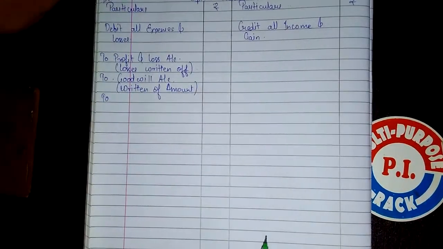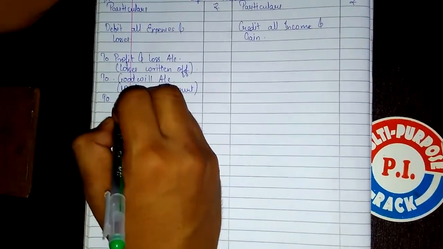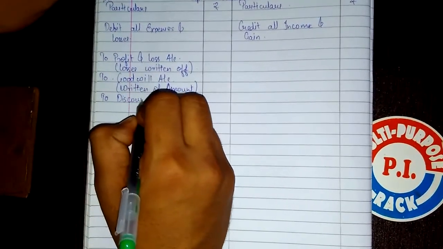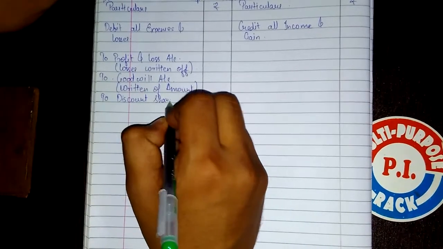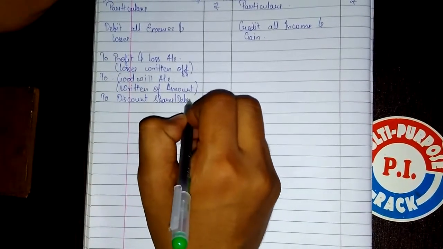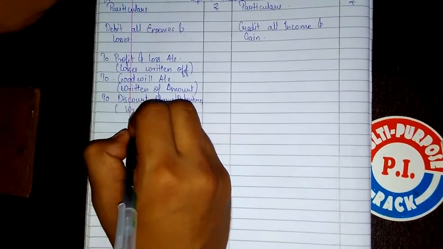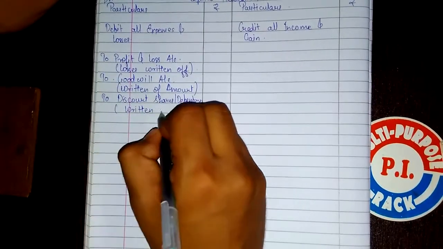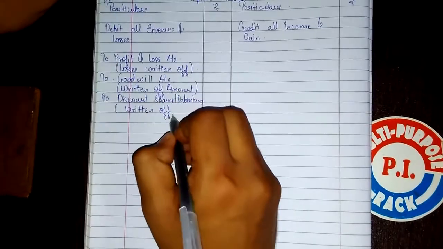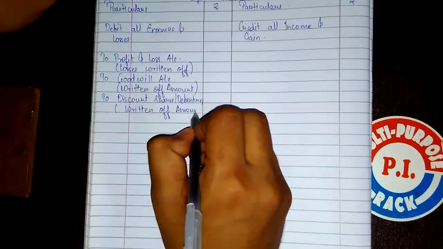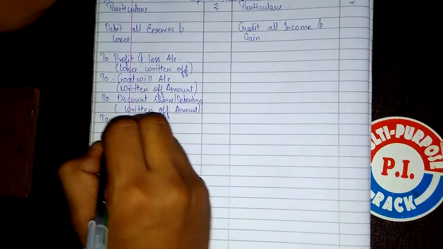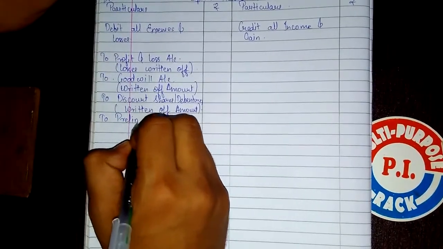To discount on shares/debentures, written off amount. Then to preliminary expenses.